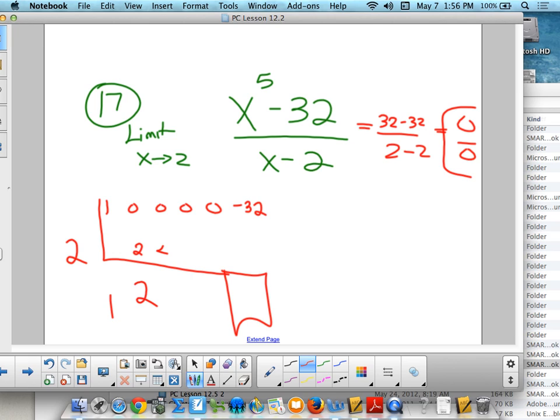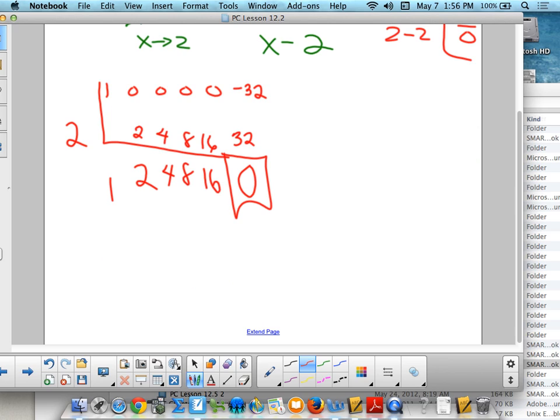Multiply, add, multiply, add, multiply, add. Look what I get. I get a remainder. That's your remainder of what? If your remainder is 0, then that means x minus 2 is a what?